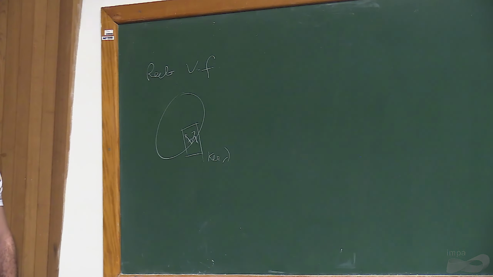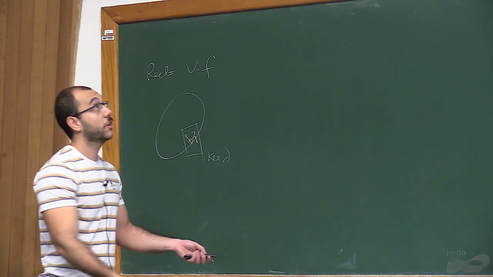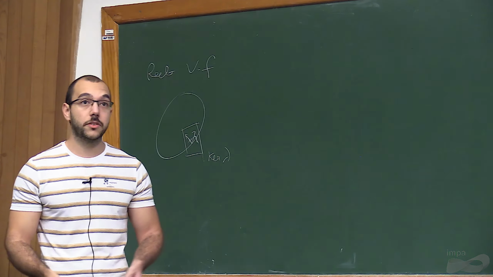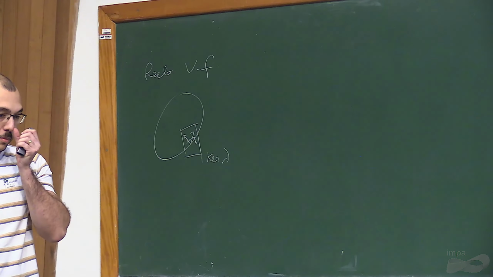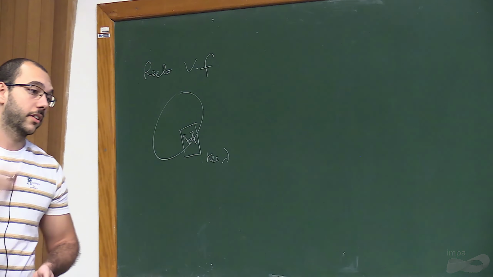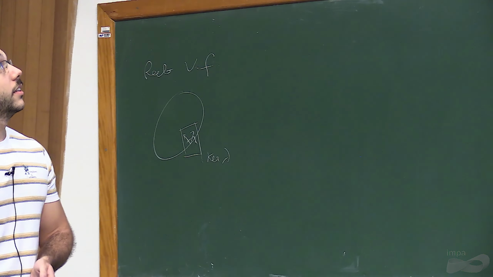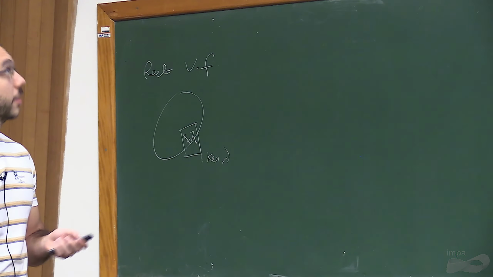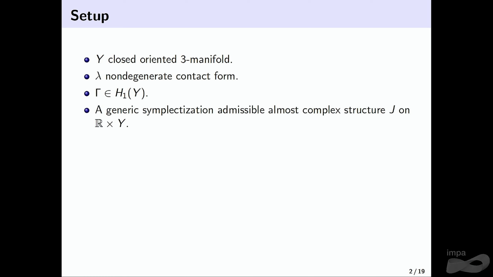So this is non-degenerate when 1 is not an eigenvalue. And then the form is non-degenerate itself if all the iterates of the Reeb orbits are non-degenerate. For me, a Reeb orbit is a closed trajectory of the Reeb flow. The orbit is elliptic if the eigenvalues live on the circle, and hyperbolic if they live on the real numbers.